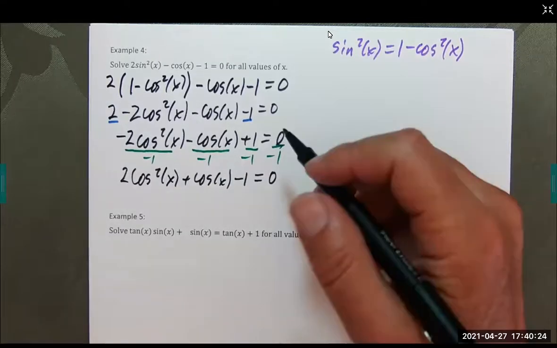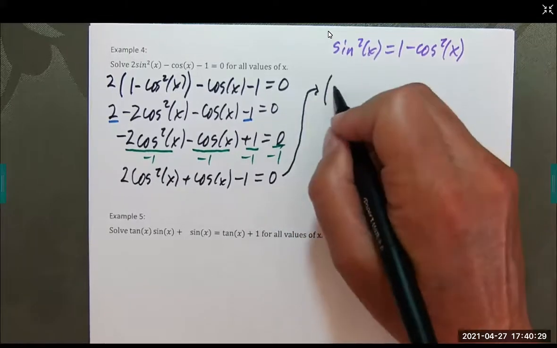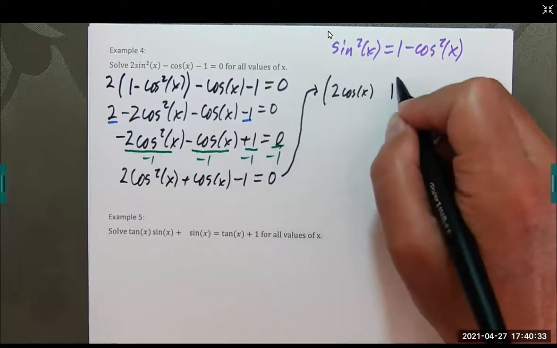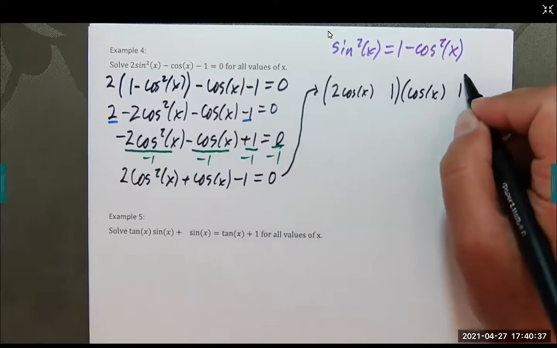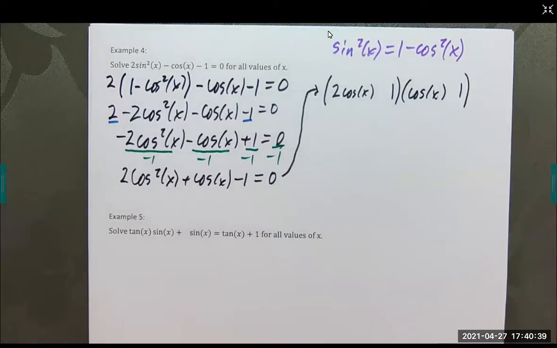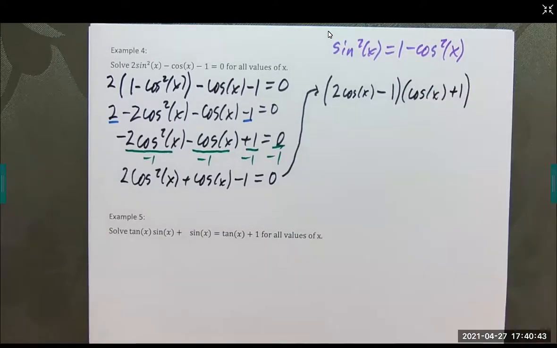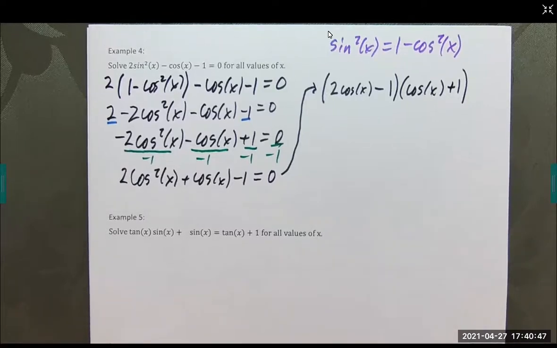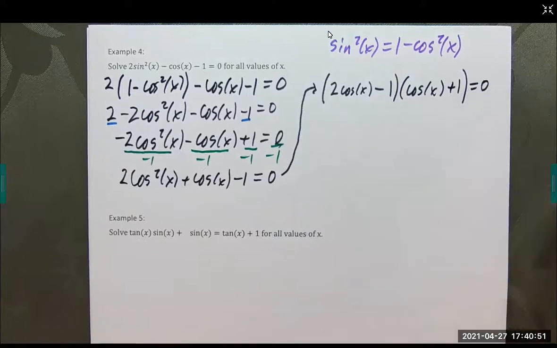I'm now going to factor this like I did the other, like it's quadratic. And it looks like we're going to have plus here and minus here. However you learn to factor in your algebra class, any method that you learn, and there's lots of them out there, it should work just fine.